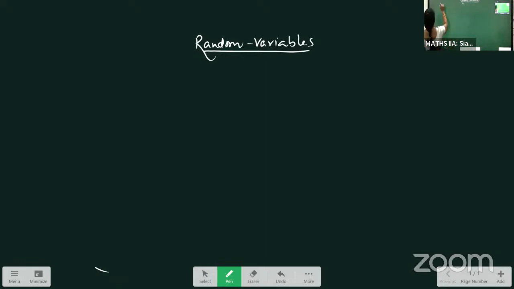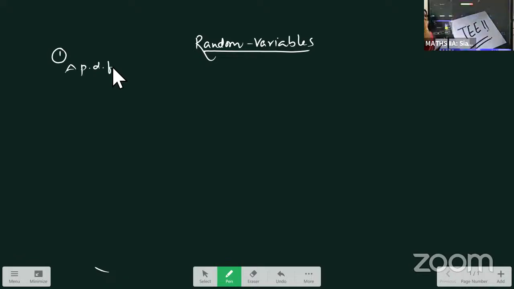See, first question. This is a small question. This only gives us an idea about the random variables. A PDF. PDF means Poisson distributive function.